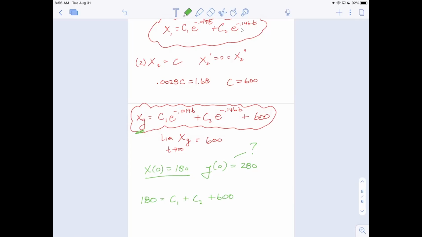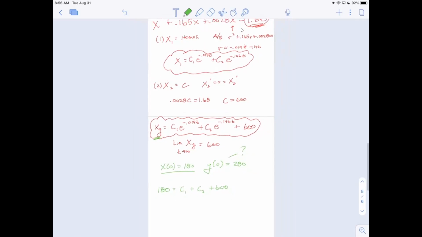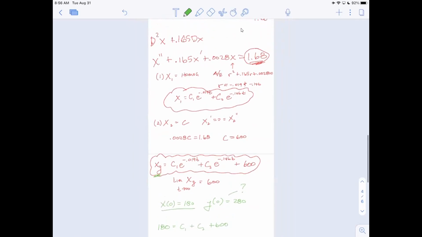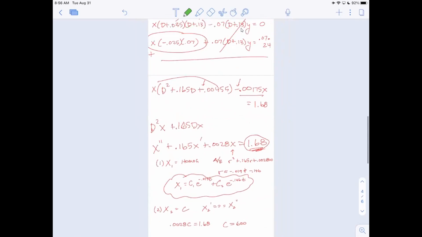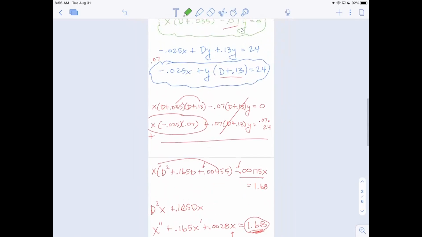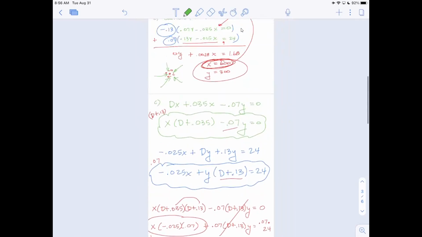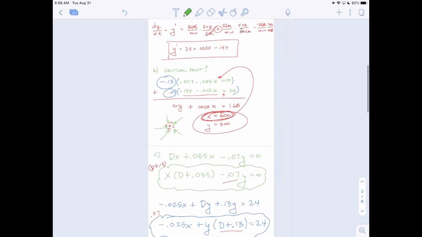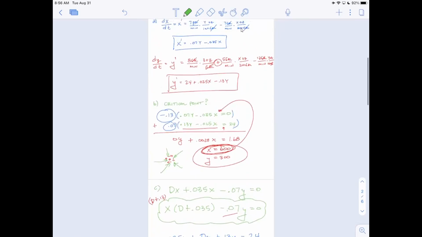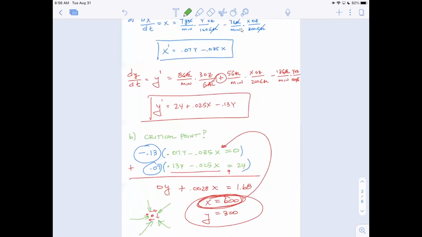How do we get out of this mess? How do we make any progress with this? Do I know anything in the past that would help me? We have an equation for y prime or an x prime originally.